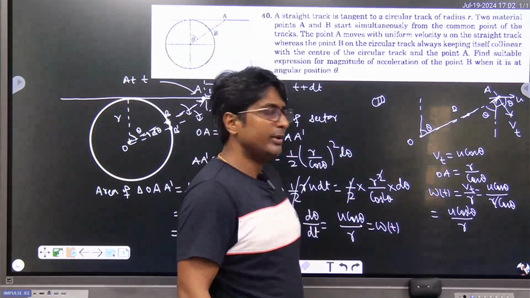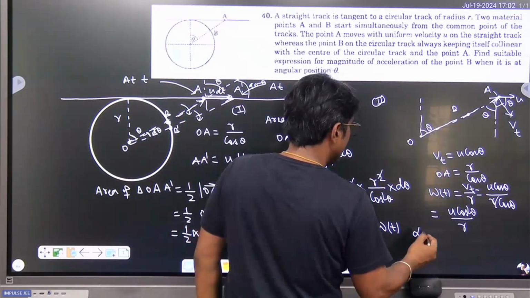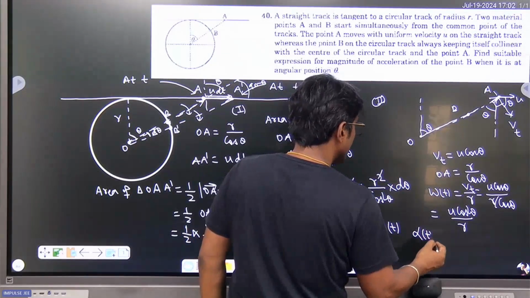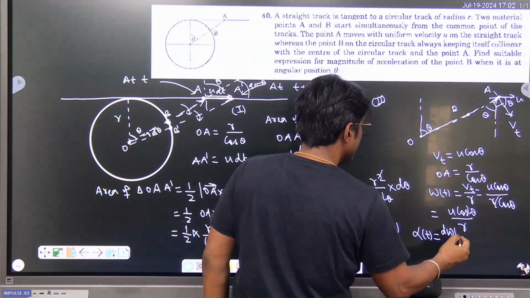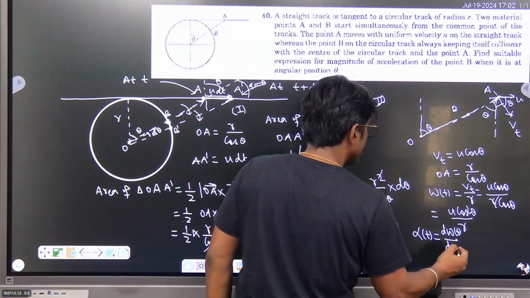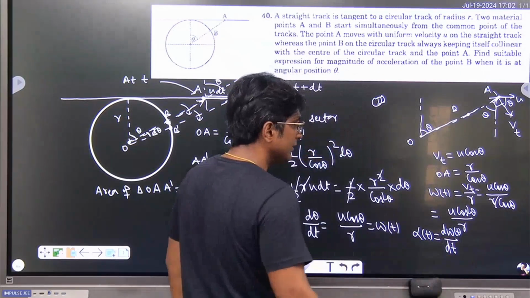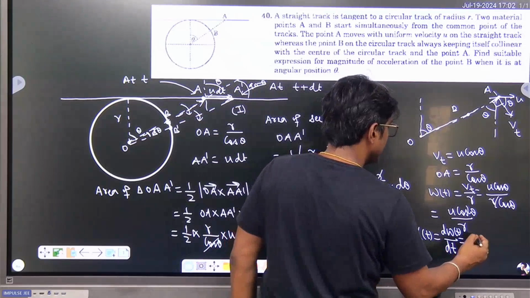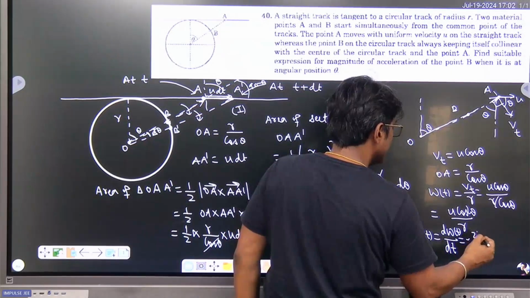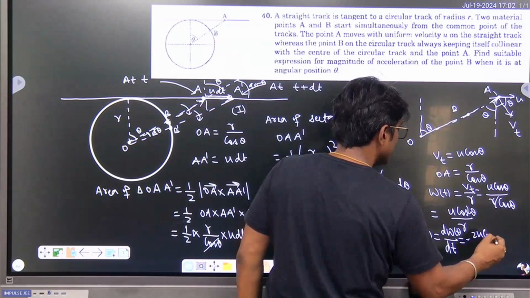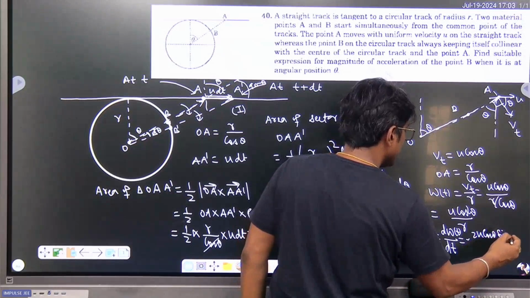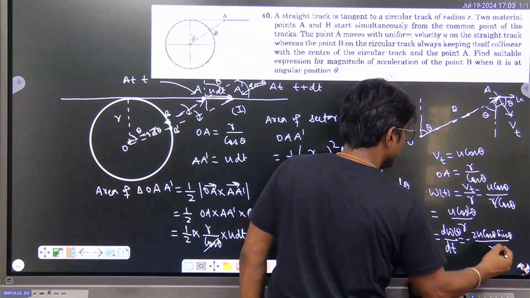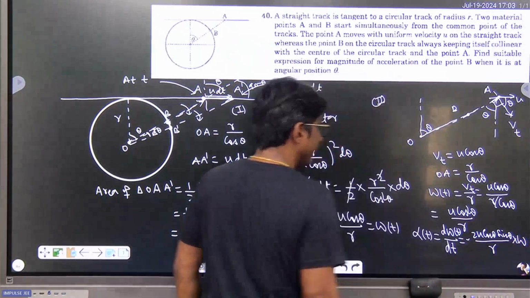Once we have this omega, we can find the alpha also, and this alpha can be written as d omega by dt. That we can write as minus 2u cos theta sin theta by r times omega.